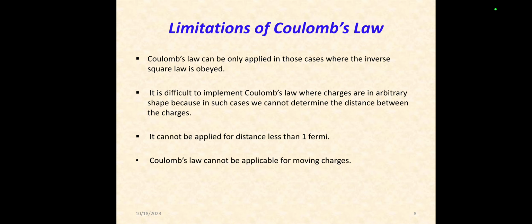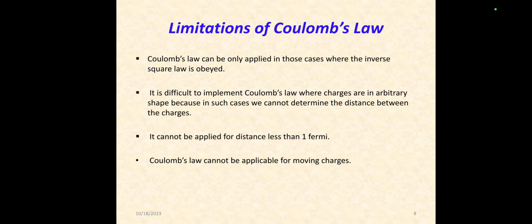There are some limitations of Coulomb's law, and these limitations are as follows. Coulomb's law can only be applied in those cases where the inverse square law is obeyed. Otherwise, it cannot be applied.